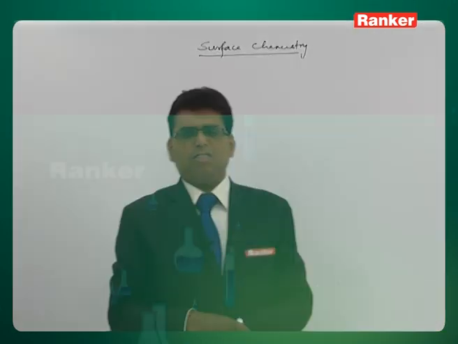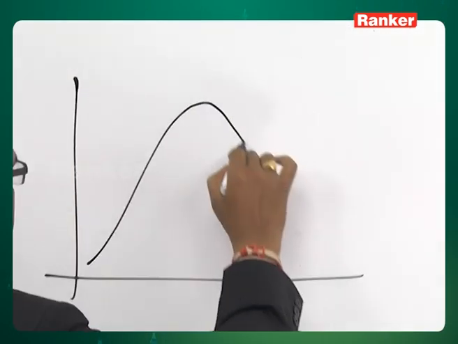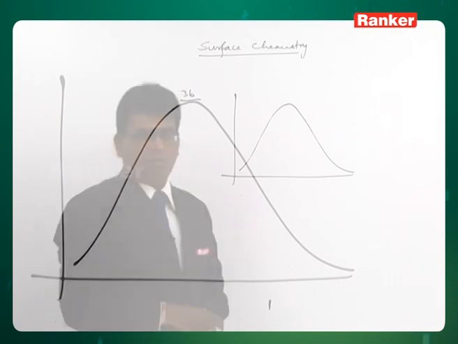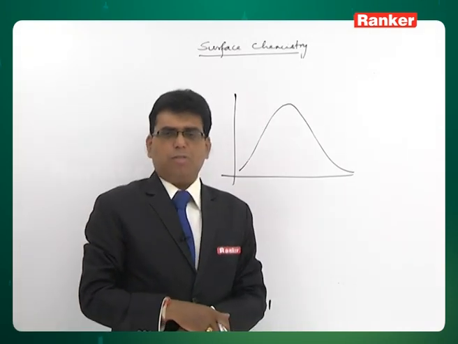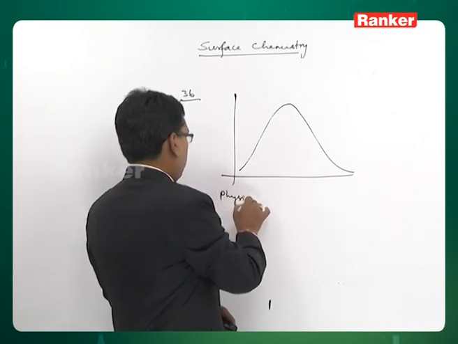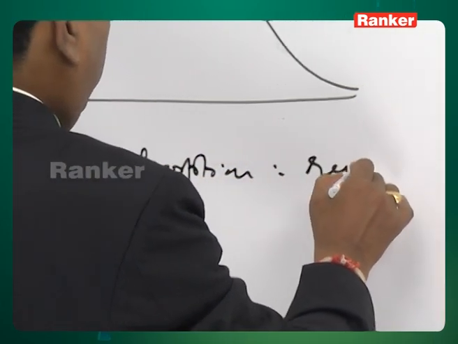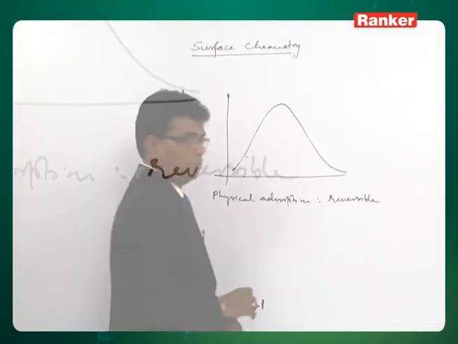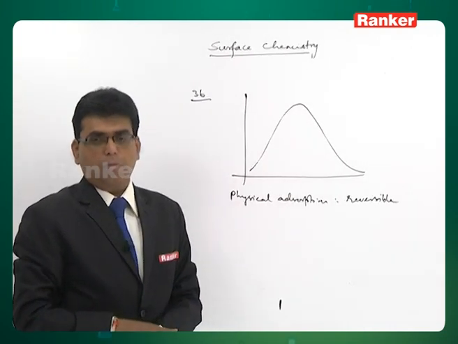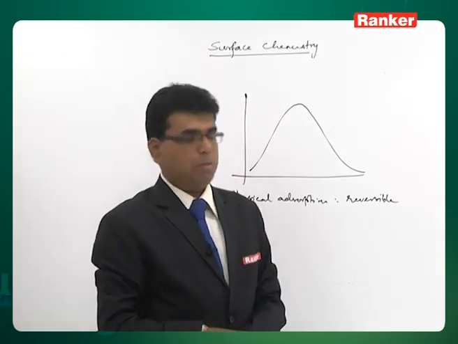In the question number 36, it says which of the following statements is not correct? Chemical adsorption increases with increase in temperature. Chemical adsorption increases with increase in temperature initially, reaches maximum and then of course, it decreases. So, partly it is correct. Physical adsorption is irreversible. No, physical adsorption is reversible. Chemisorption increases with increase in pressure of gaseous adsorbent is correct, and physorption is not specific.